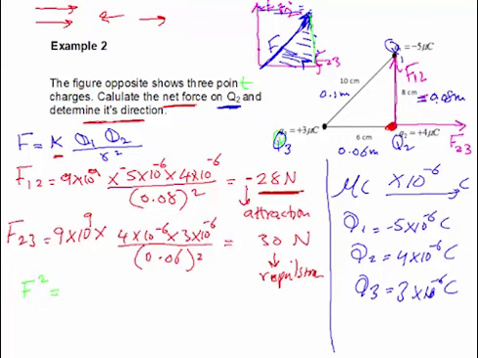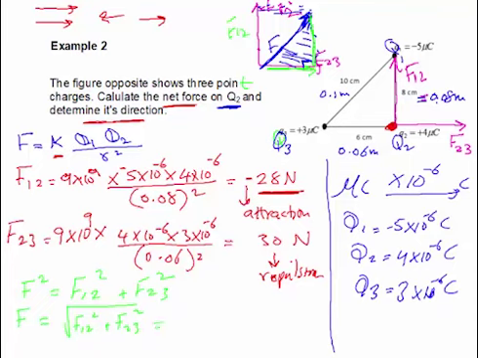This side, which is the same as this, F21, and this side, F23. So it is F12 squared plus F23 squared. If we want only F, it will be the square root of F12 squared plus F23 squared.